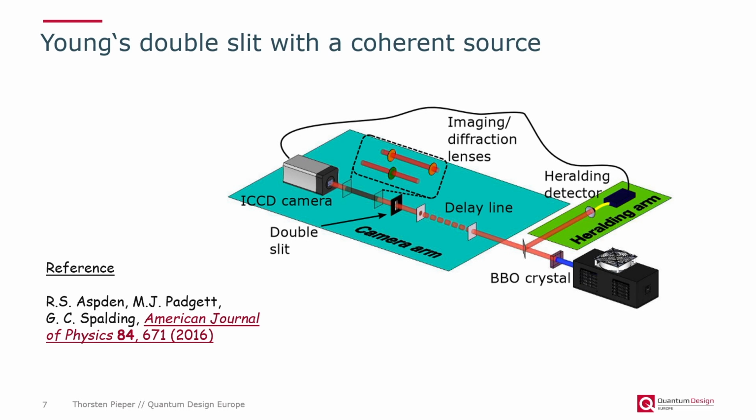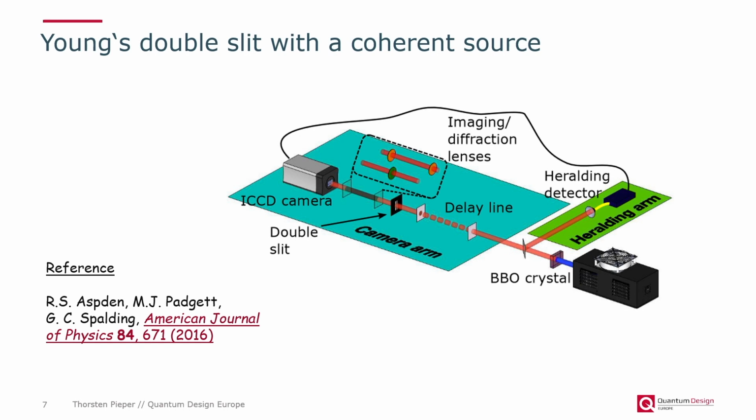And by triggering the camera, you can choose only photons that are entangled with the heralding arm. Other photons will be ignored. And if you put a double slit in the signal arm of the experiment, you can generate a double slit experiment with a coherent source.